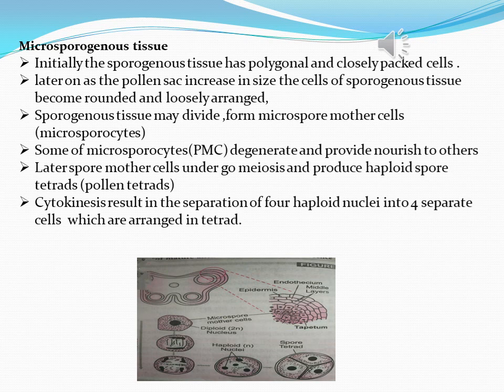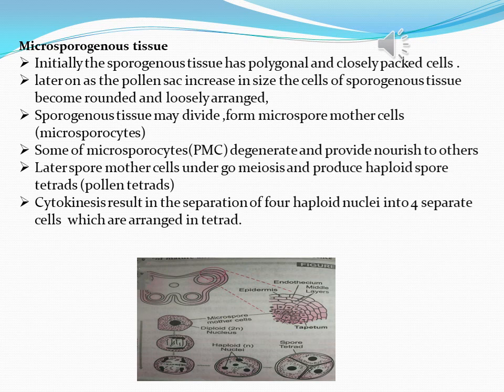Yes, so we can observe this in these diagrams. Initially we are shown here the young anther, it starts developing. Here some parts show its layers: endothecium, epidermis, tapetum, and sporogenous tissue. This sporogenous tissue undergoes division and forms the pollen mother cells.